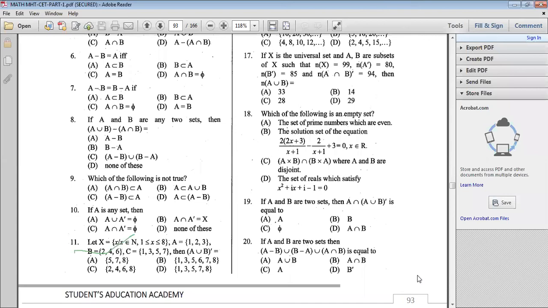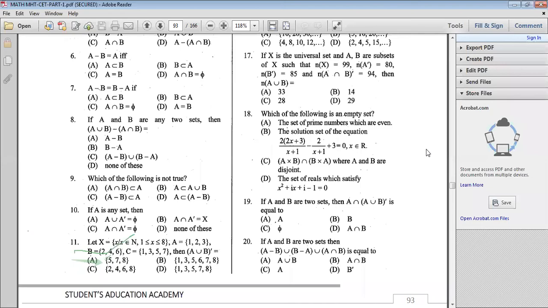A is the set 1, 2, 3. B is 2, 4, 6. And C is 1, 3, 5, 7. What about the A union B whole dash?